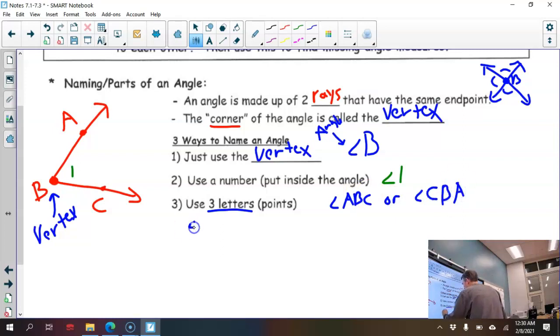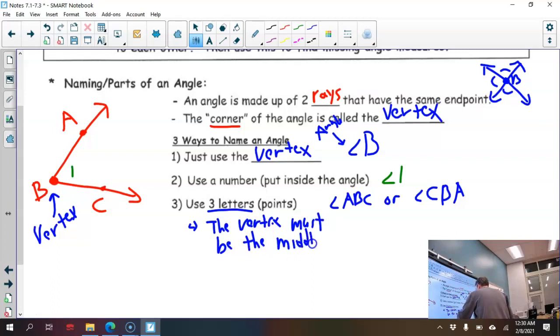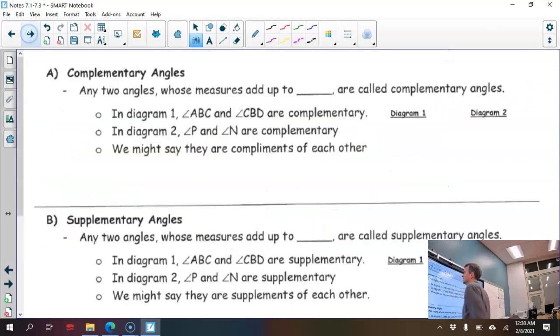And the important thing about using 3 letters is the vertex must be the middle letter. All right, so hopefully you remember how to name an angle. We should have learned that in Math 8, and I'm sure most of you did. All right, so now we have a lot of vocabulary.